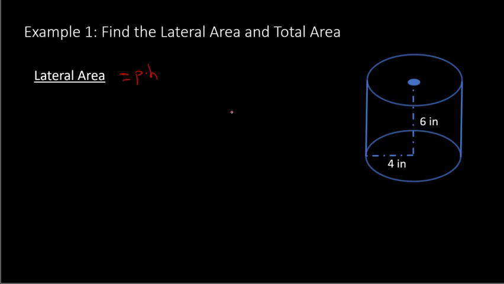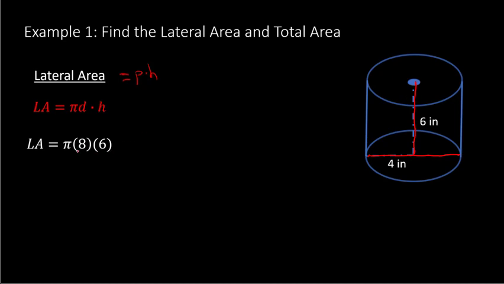So perimeter of the base would be found by doing the circumference, which is pi times diameter. So we have pi times diameter times the height. Well, what is the diameter? Well, the radius is 4. Diameter is all the way across, which would be 8. So diameter is 8. The height of the prism would be from base to base, so top to bottom, that's 6. So diameter is 8, height is 6.